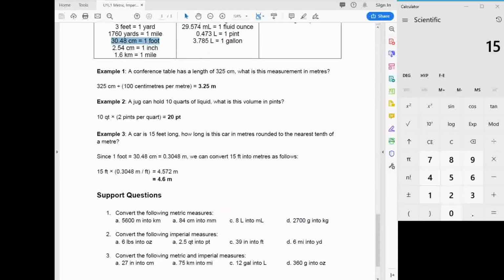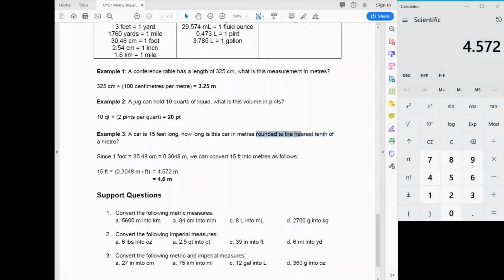But I could also change that 30.48 to meters by moving the decimal place twice or dividing by 100. So the relationship I end up with is 0.3048 meters per foot. If I multiply 15 by 0.3048 meters per foot, I end up with 4.572.